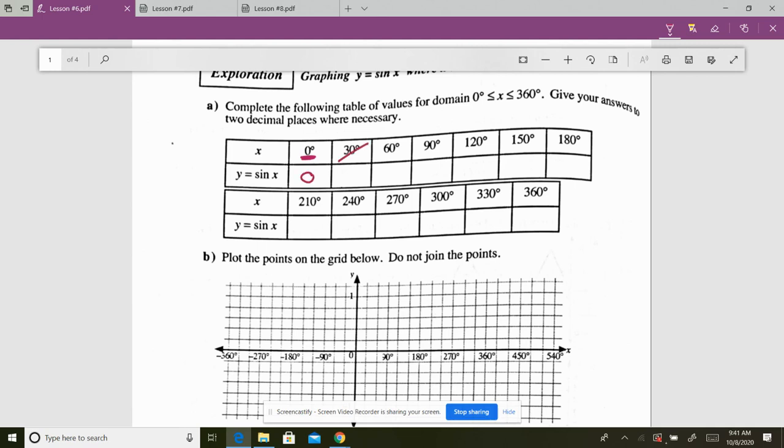Sine of 90. 1. Sine of 180. Okay. Sine of 270. And sine of 360.